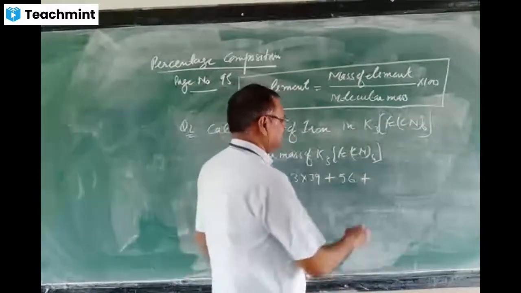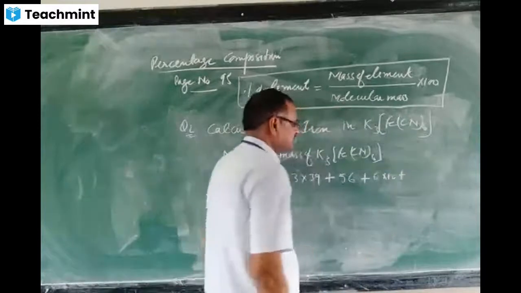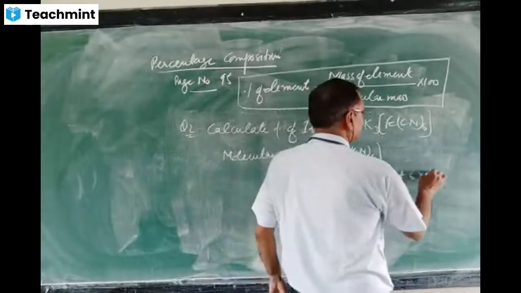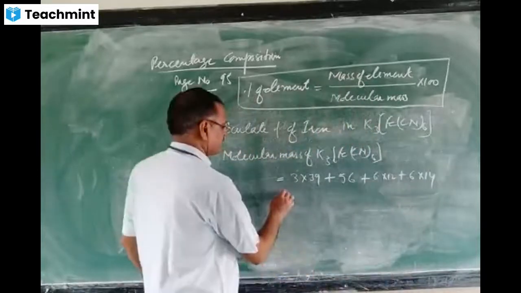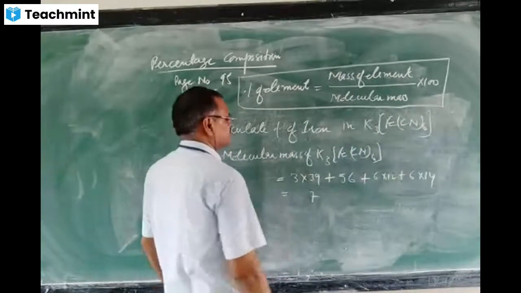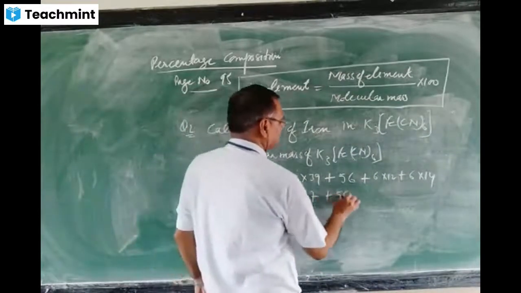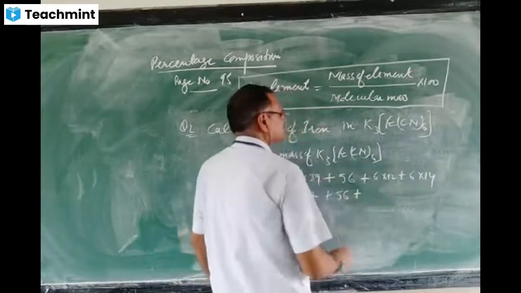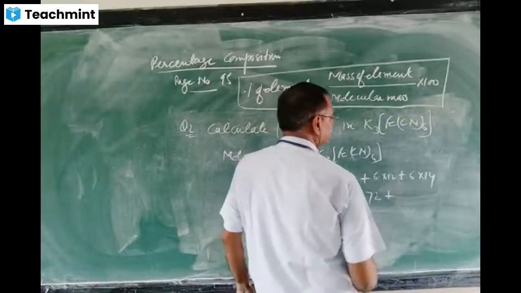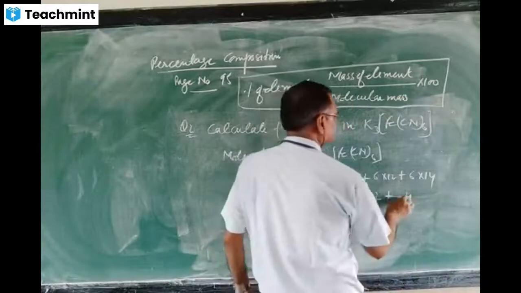CN6 means 6 atoms are there. So 6 into 12, plus nitrogen also 6 atoms, then 6 into 14.